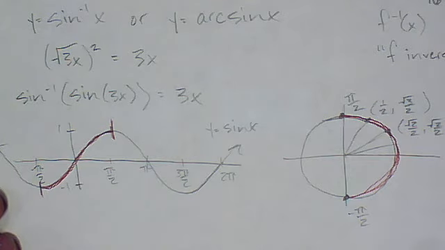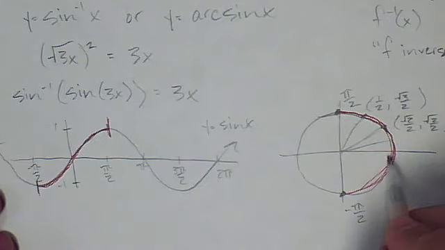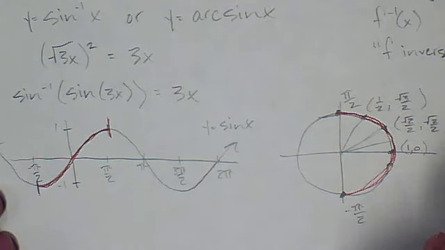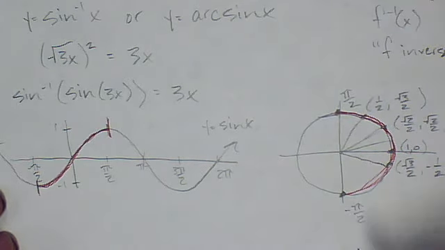There's pi over 4, square root of 2 over 2, and so on. Here you've got 1, 0 right here. You've got square root of 3 over 2, negative 1/2, and so on, all the way down to 0, negative 1.